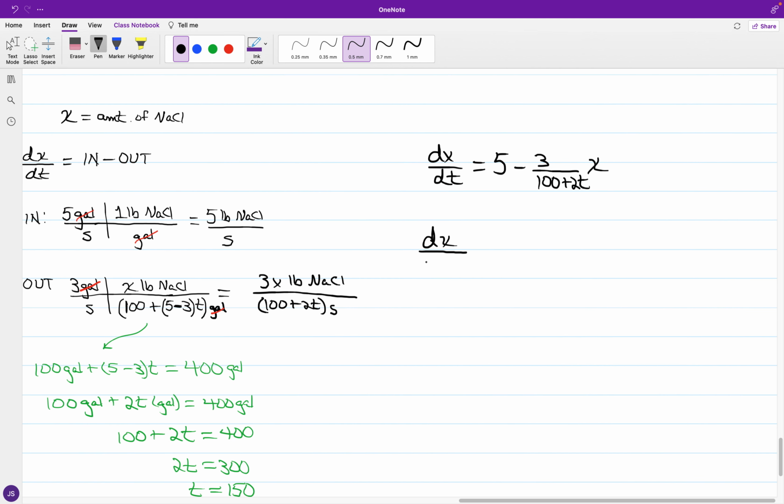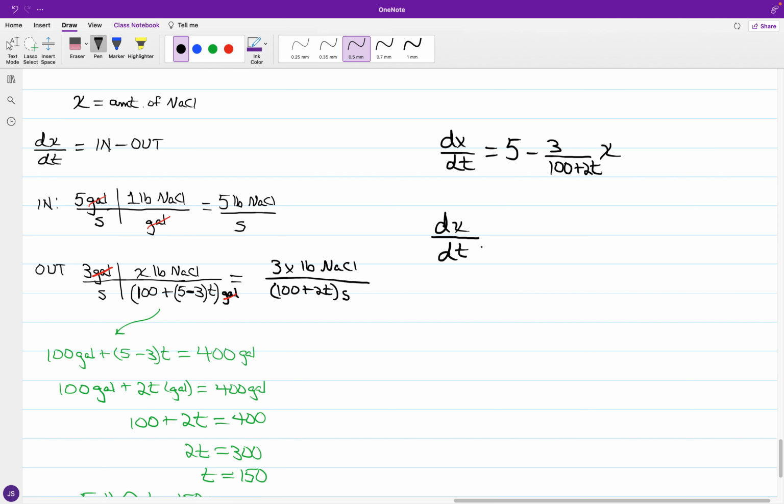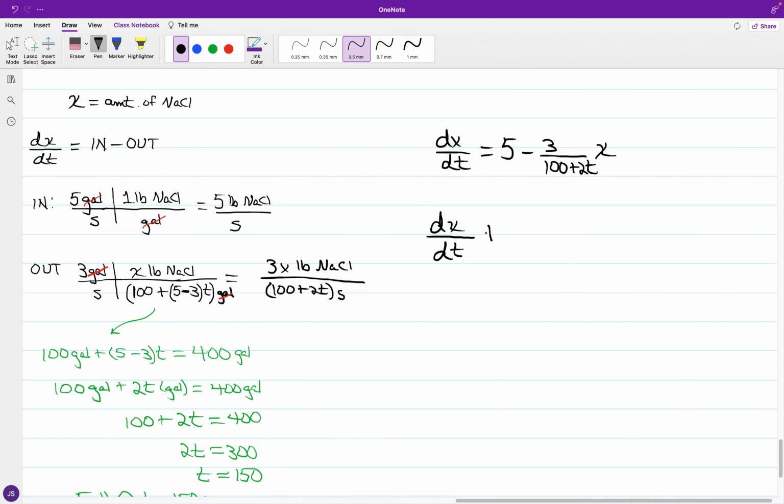So we have a first order linear differential equation with x as the dependent variable and t the independent. In the rewrite, putting it in standard form, we have dx over dt plus 3 all over 100 plus 2t times x.